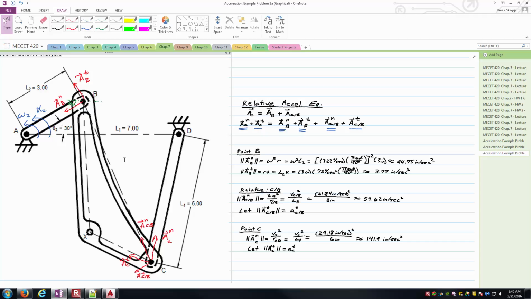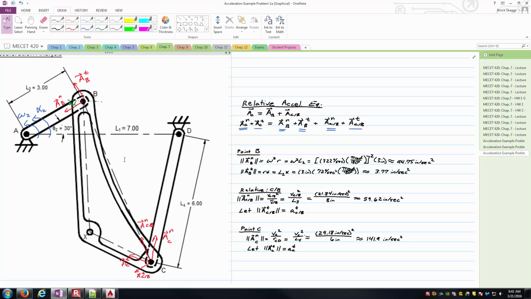It's the exact same way that the tangential velocity of a given point always had to agree with the angular velocity of the length it was sitting on. That's all I've done here. Using the same base equations, the normal component of the acceleration can be written as omega squared r, or v squared over r, and the tangential component of the acceleration of a given point is r alpha. These are just the scalar magnitudes that I have in mind.